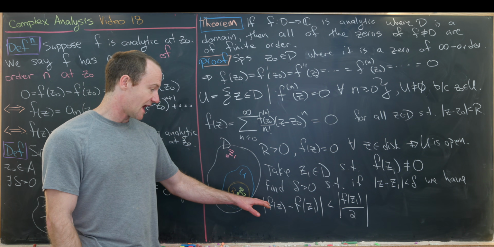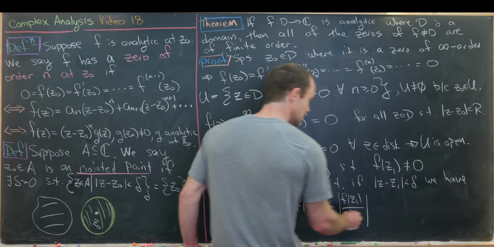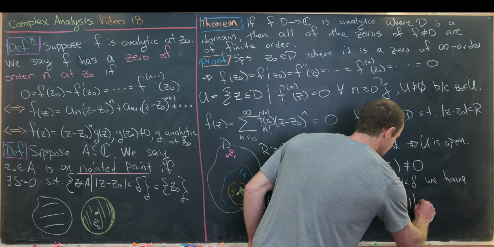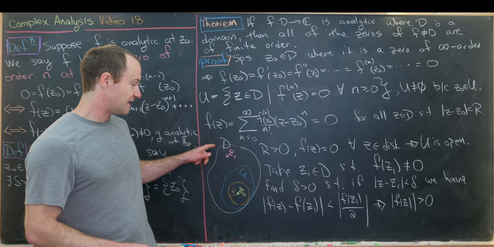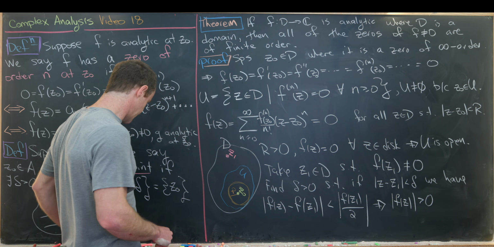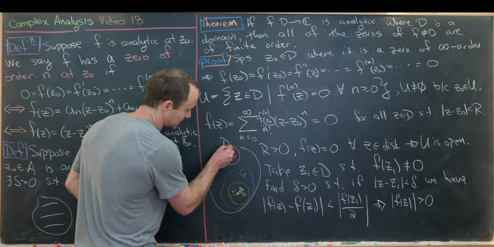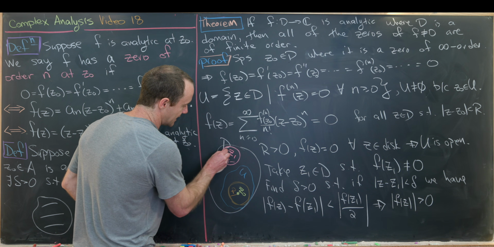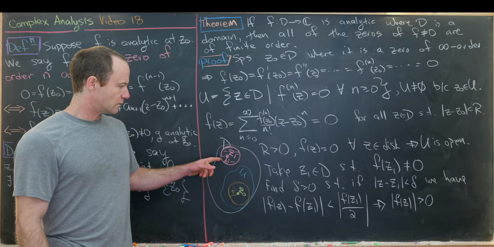Well, I chose that because that bounds f of z away from 0. So that tells us that the modulus of f of z is strictly bigger than 0 for everything within that disk of radius delta. So maybe we can make that picture like this. We've put this disk of radius delta around z1, and the function is never equal to 0 inside of that disk.